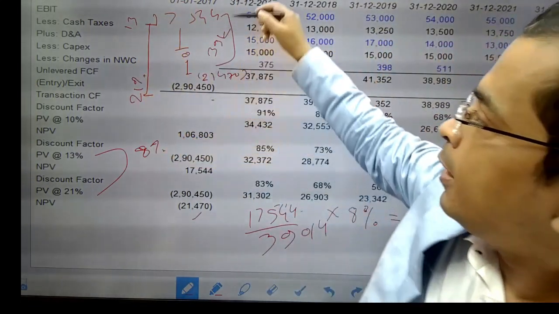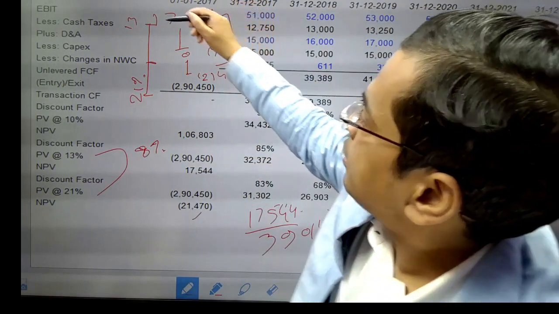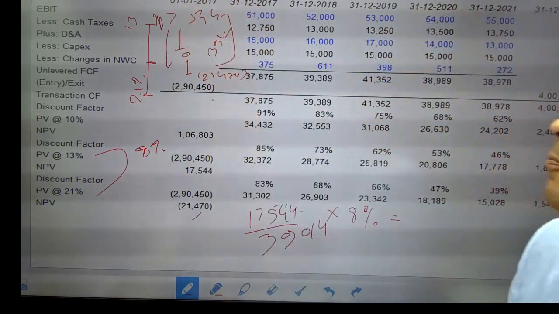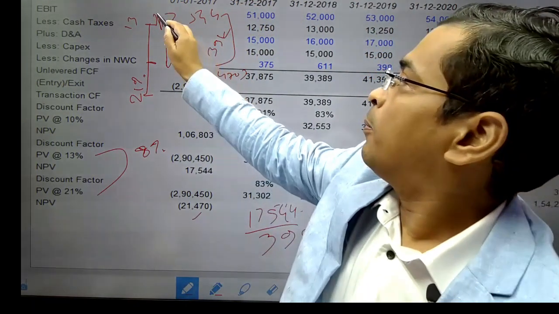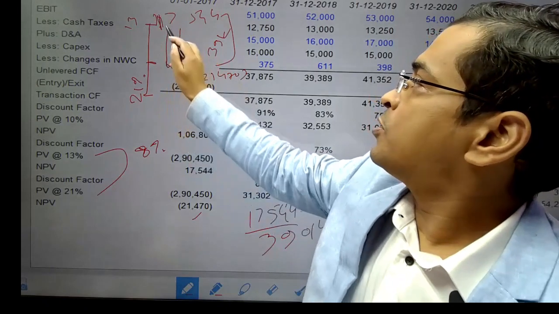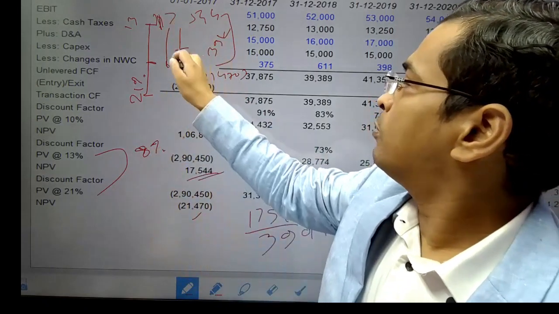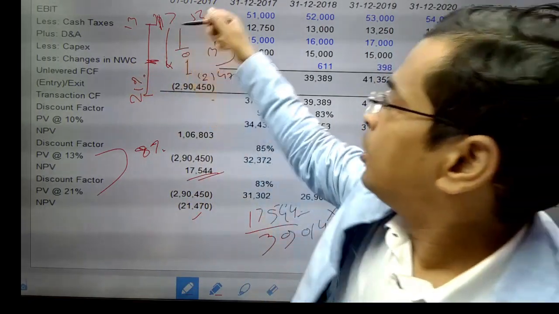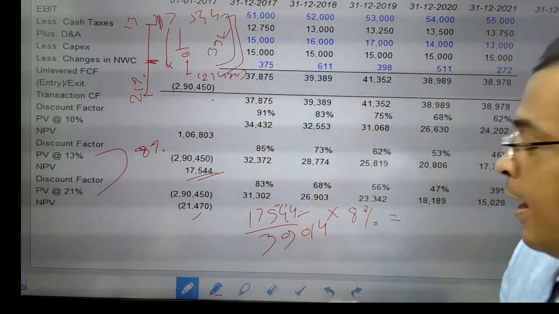So we have to find out at what hypothetical percentage this 17,544 will become 0. And to find out the hypothetical rate at which 17,544 becomes 0, we have to divide this number by the total gap, the total fall in the cash flow.